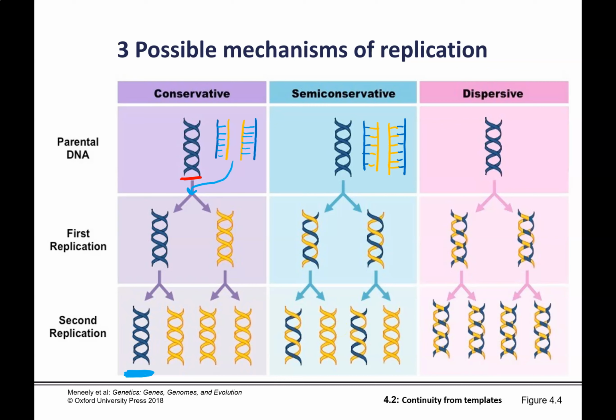And then dispersive, I'm not even going to propose how this might actually happen. This one kind of hurts my brain. It would require a whole bunch of steps, I think, with the ultimate idea that you have pieces of your original parental strand incorporated with pieces of the new daughter strand.